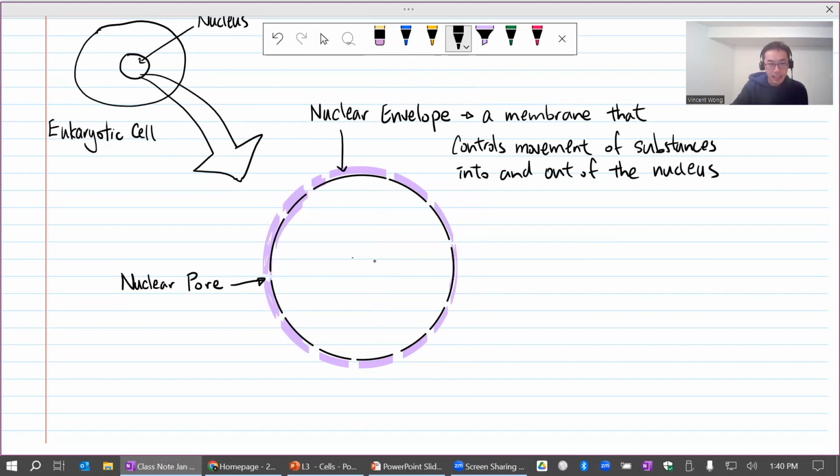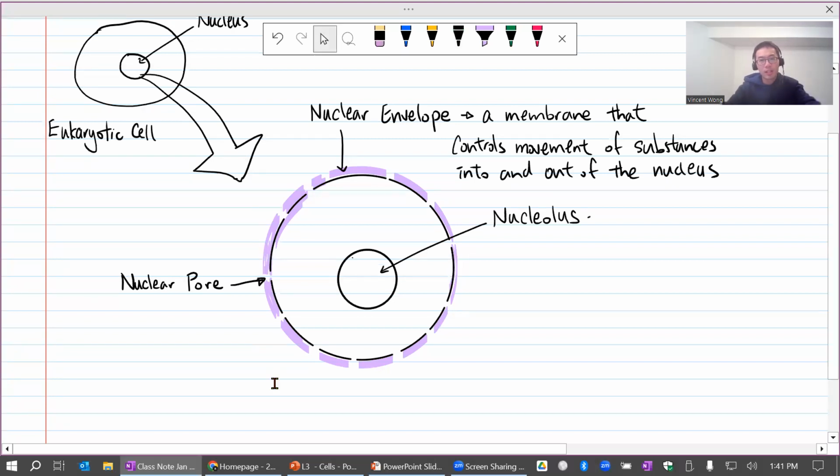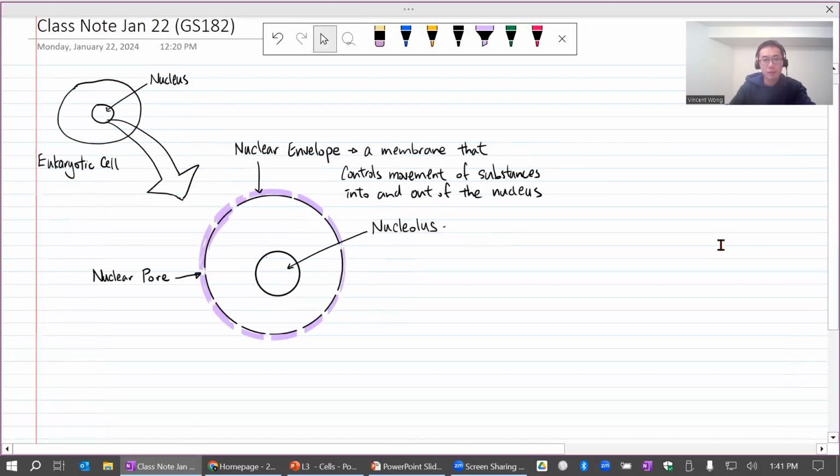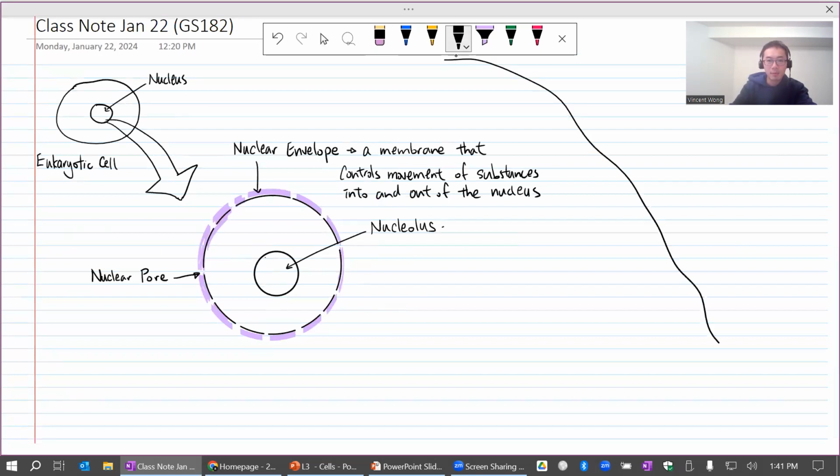Now, inside the nucleus is another circular structure. So this whole thing is a nucleus, right? And then inside the nucleus is another thing, which is what this circle is. That's called the nucleolus. Now, just to put things into perspective, in case you get confused, this is the cell membrane.